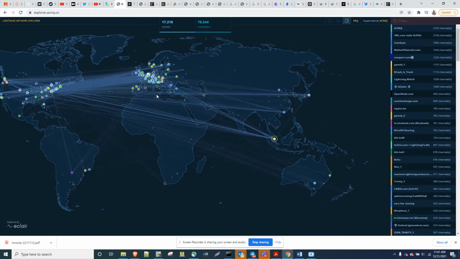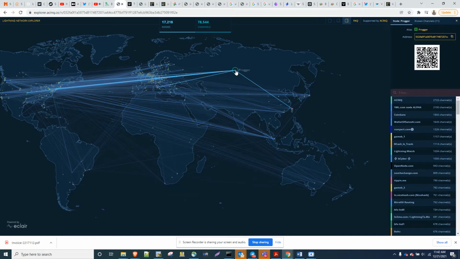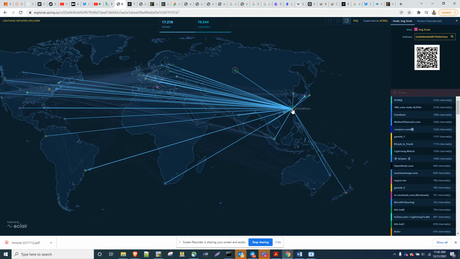Now let's randomly pick a node in the no man's land somewhere there. I think that is Russia, I'm just guessing. Let's see how we can get to Cape Town from there. If we click here, there he goes to Cape Town.